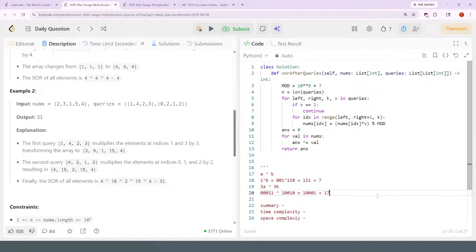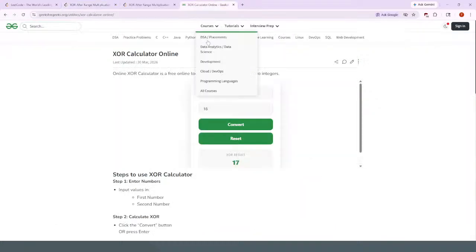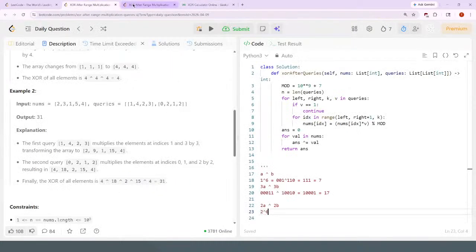Is there a pattern there? 1, 1, 1 versus 1, 0, 0, 0, 1. Let's go ahead and just do 2A versus 2B. So that means it's going to be 2 XOR 2 XOR 6 gives me 4. So that would be like 4100.